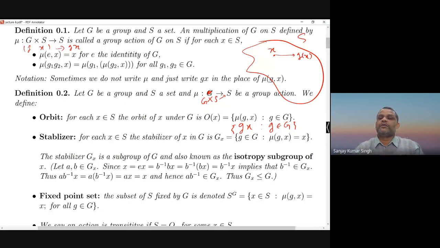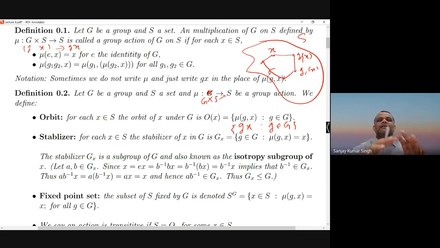Suppose your group is, for simplicity, finite right now for this example, so you can write its elements as g1, g2, ..., gn. Suppose you apply g1, you come here, then you apply another element g2, maybe you come here, and similarly you continue. And there is also a guarantee that you will come back, if the group is finite, as you can easily see.